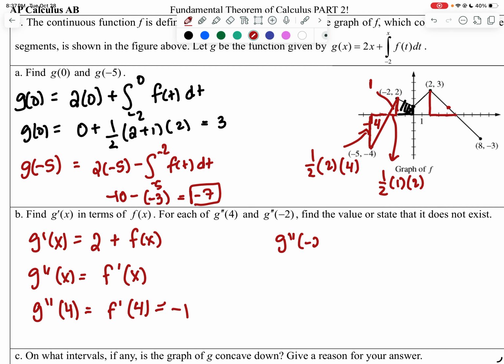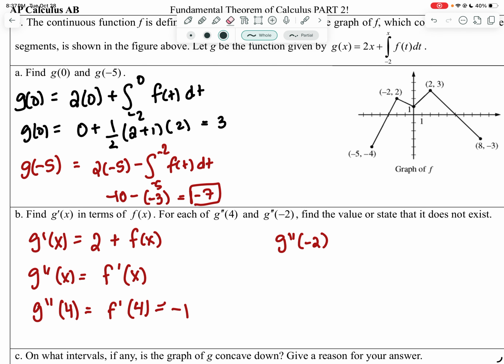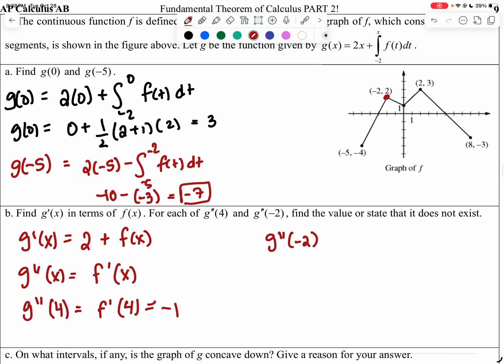Now for g double prime of -2, let me just erase all of this. -2 is right here. Now, if I want to find the derivative, aka the slope here, you'll notice that this slope does not exist, and then you have to justify why it does not exist.